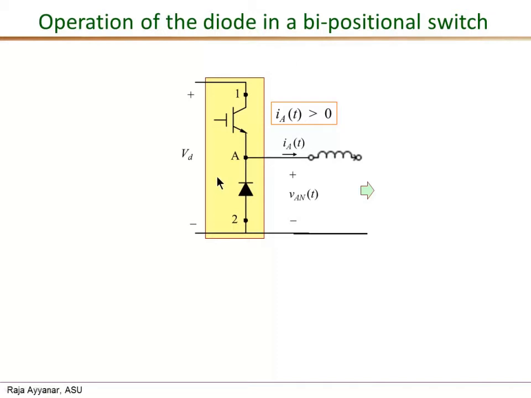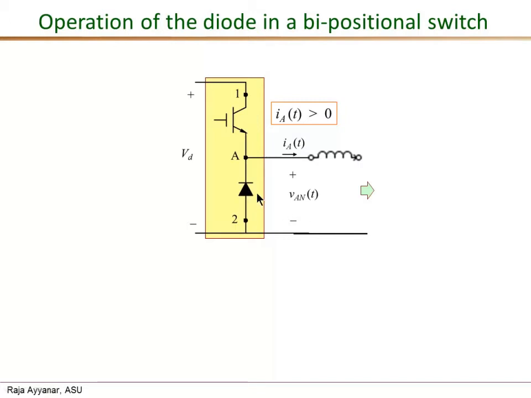And when we turn off the controllable switch by removing the gate drive, the energy stored in the inductor, or the inductor current, would force the diode to conduct because there is no other path here. So this current I sub A has to be continuous because it is an inductor current, and therefore the inductor would force the diode by forward biasing it.